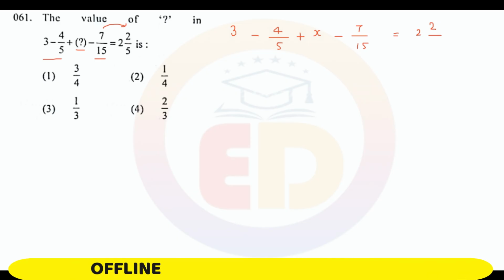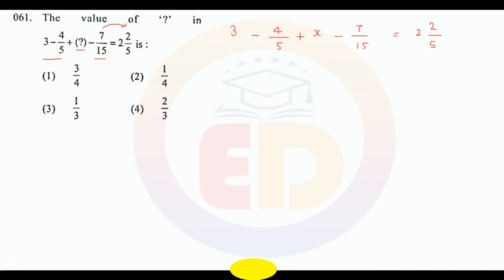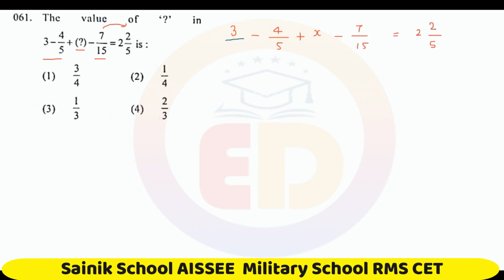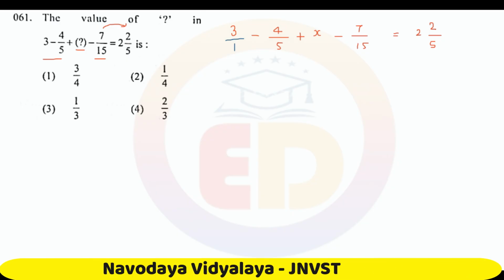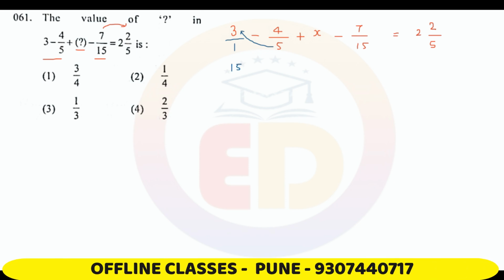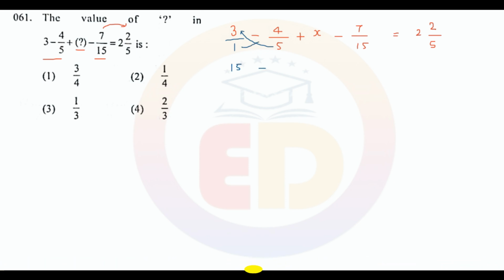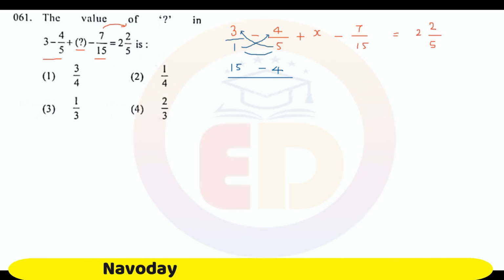We'll convert this mixed fraction to fraction later. Now let us solve this. To make it simple for you, I will put 1 as the denominator of 3, and now you can cross multiply. This is 5 into 3, 15 minus 1 into 4, 4 upon 1 into 5, it is 5.